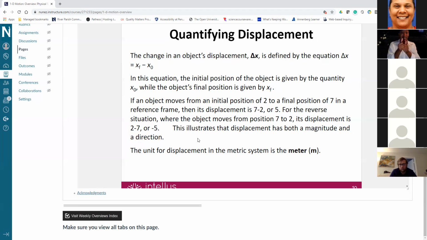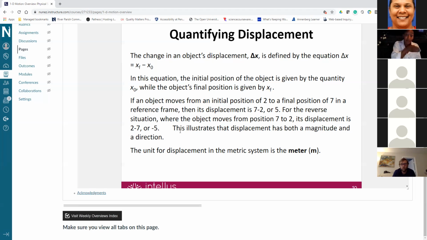This negative sign is meant to indicate direction. So we typically say that to the right is positive, to the left is negative. And so we know from this displacement of -5 that the object stopped 5 units to the left of wherever it started.